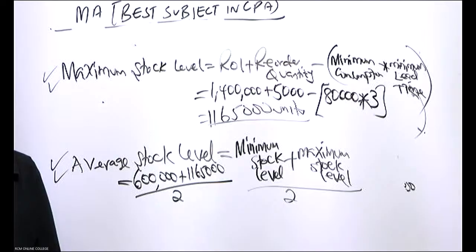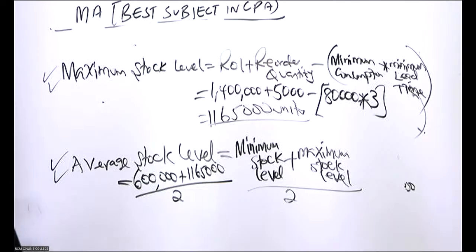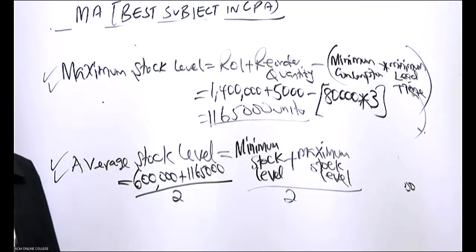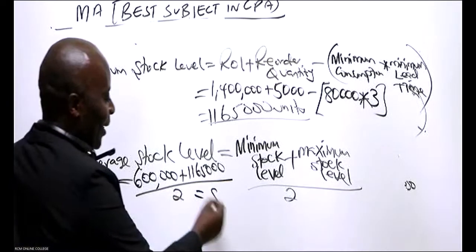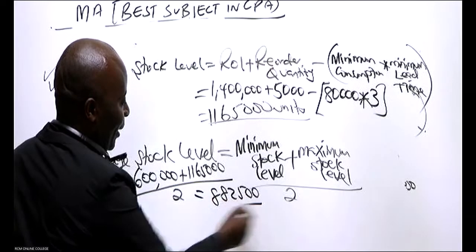So how many units are we getting? You take 600,000 plus that equals first. Whatever answer we get, we say divide by 2. Inakuja ngapi? 882,500. Thank you so much.